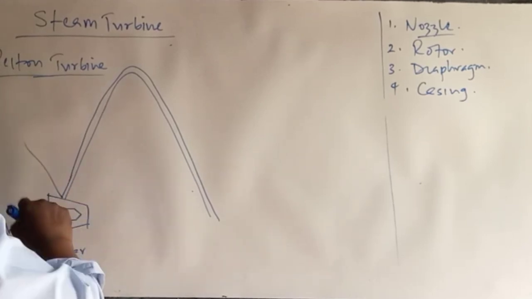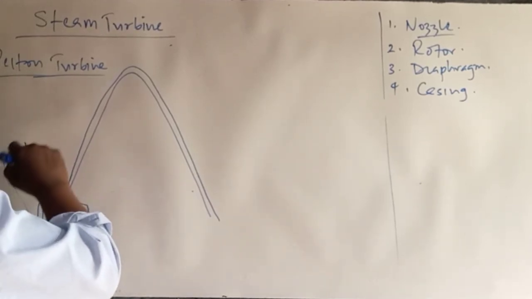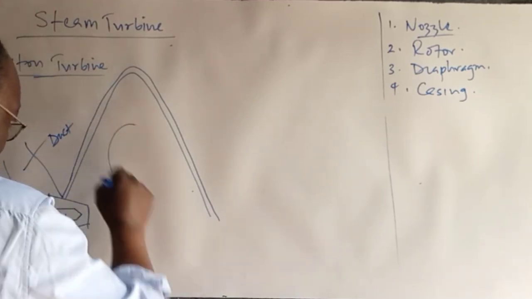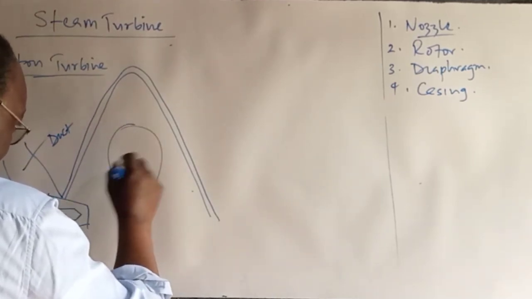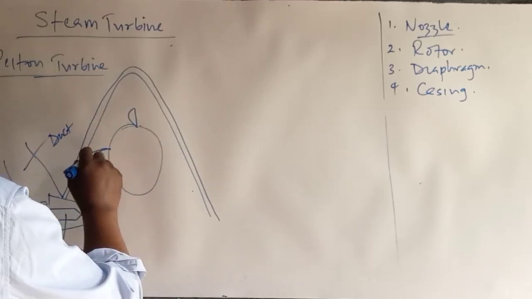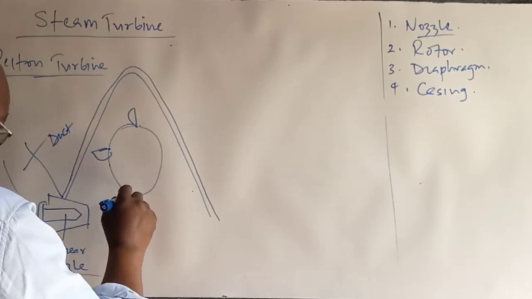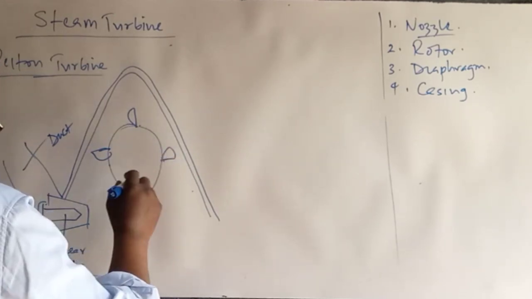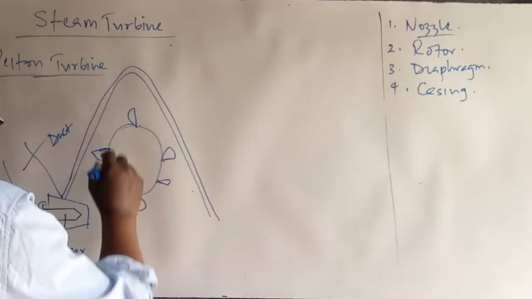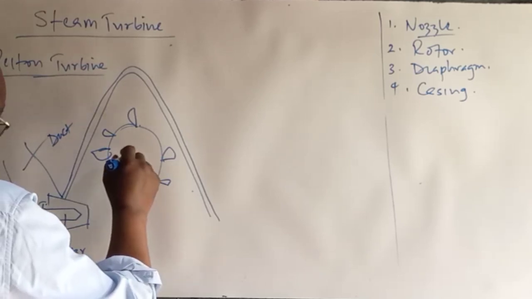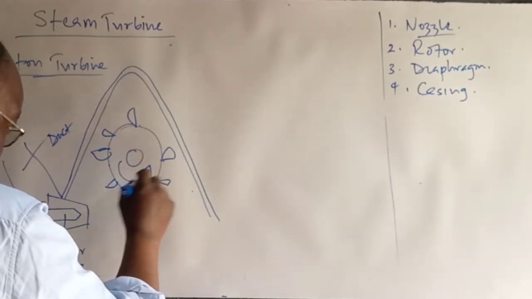Of course there's the Pelton duct, which brings the steam. That's the duct which brings the steam. And then of course we have here the blades. Of course we have our runner.